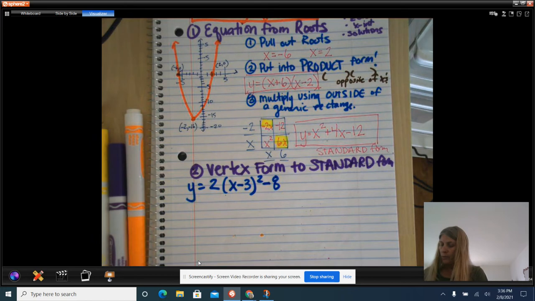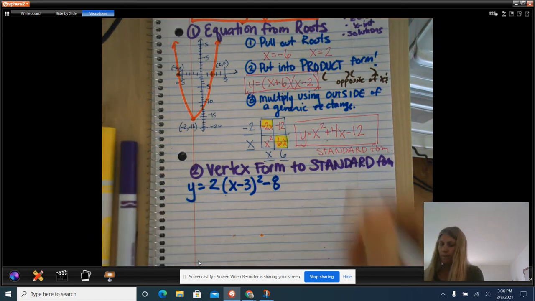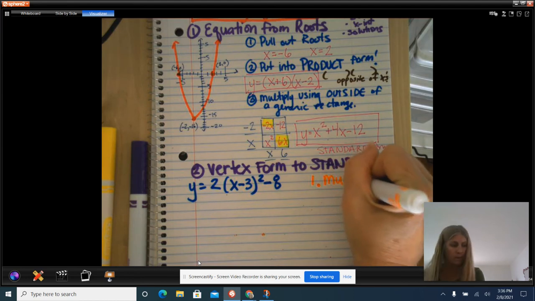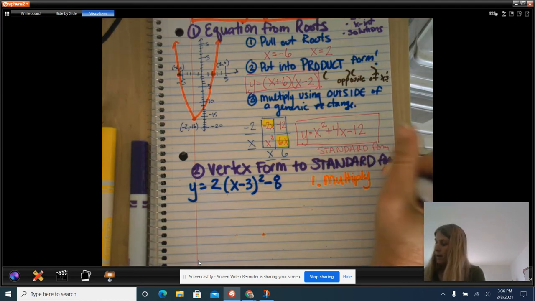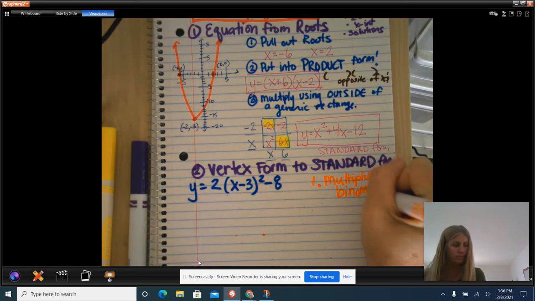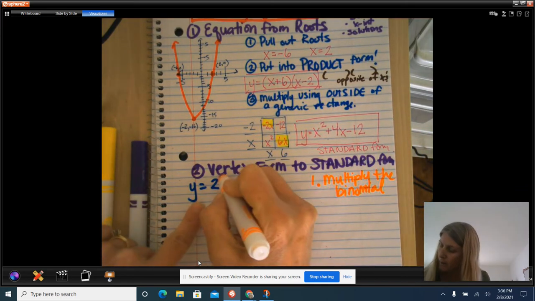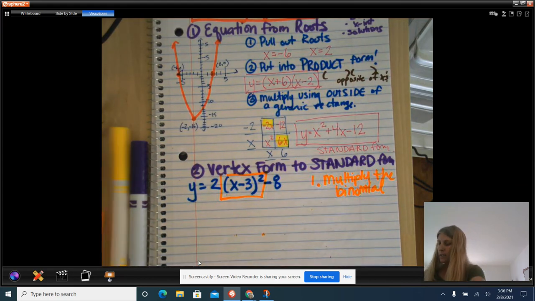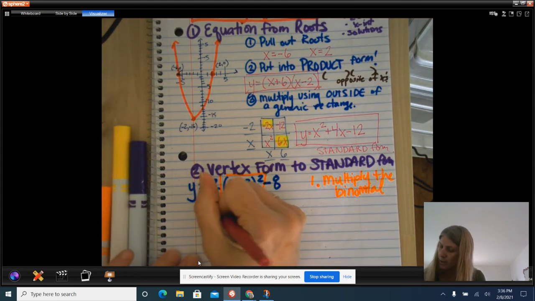Okay, so step number 1 is to multiply the binomial. And our binomial is this part of our equation right here. So we're going to set up, once again, a generic rectangle.